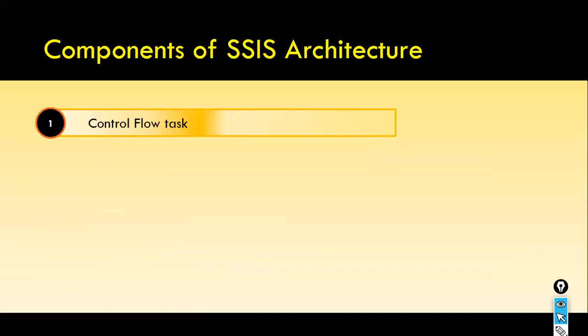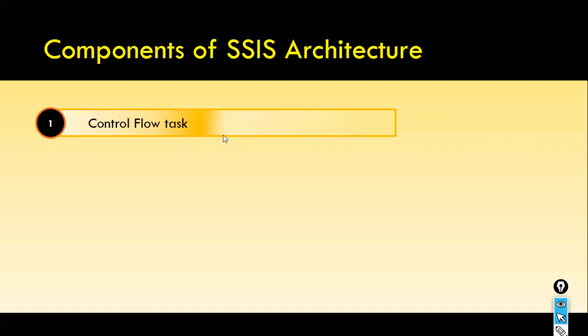Next is the components of the SSIS architecture. The control flow is one of the important components. It is the brain of SSIS, using which we can arrange the order of execution of the tasks. This is basically the starting point, where we begin the package creation and proceed with creating the other tasks.